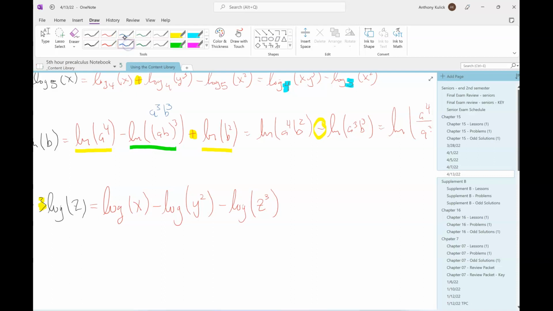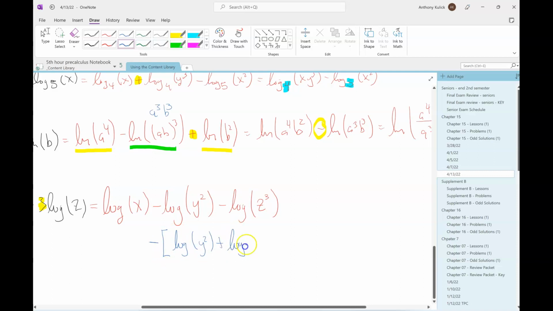Do we see any product properties here? There is a product property here, and it is hiding in the one with the 2 negatives. So notice that I could factor a negative sign out of there. And it would look like that, right? Did you guys see that? And there is my hidden product property.